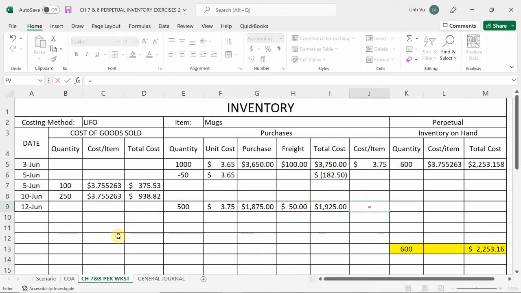So in this case, what's my cost per item right now for this second batch of inventory? 3.75. Three what? Don't forget, I have to include the freight. Okay.